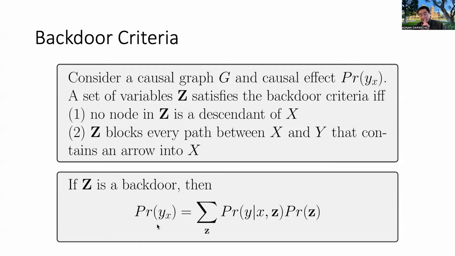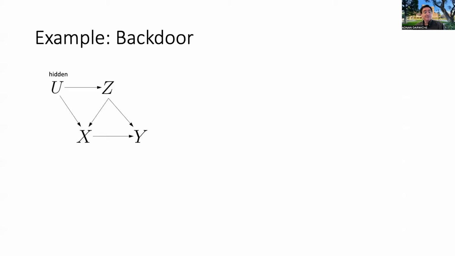All right, let's take a concrete example. First, a simple one. This is our friend, the one we talked about earlier. Remember, we had two queries on this graph. One we said is identifiable, the other is not. Let's see how the backdoor will do on this. Remember, the causal effect rule did not help us with either.